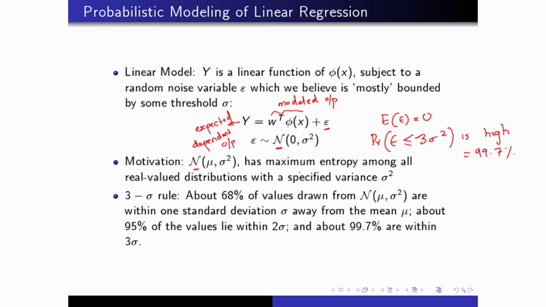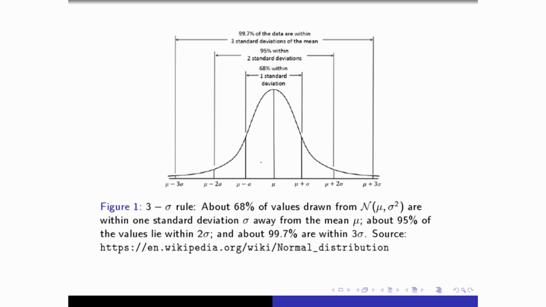And it turns out that such a distribution is a normal distribution. Of course, we are interested in epsilon that is real valued. So the pictorial depiction of the 3 sigma rule is something we find useful throughout the course. Whenever you want a bounded value of a random variable, you might be interested in the normal distribution, especially if it's real valued. We also presented the entropy motivation.